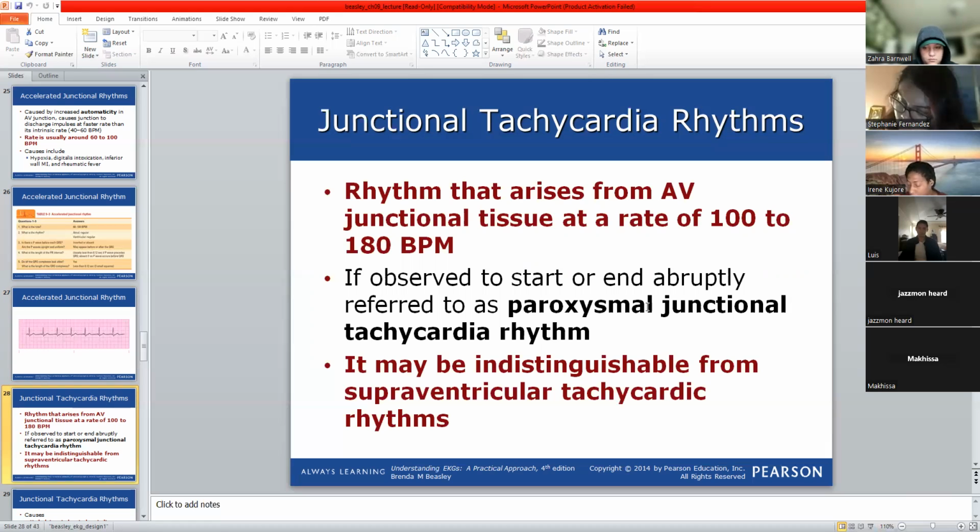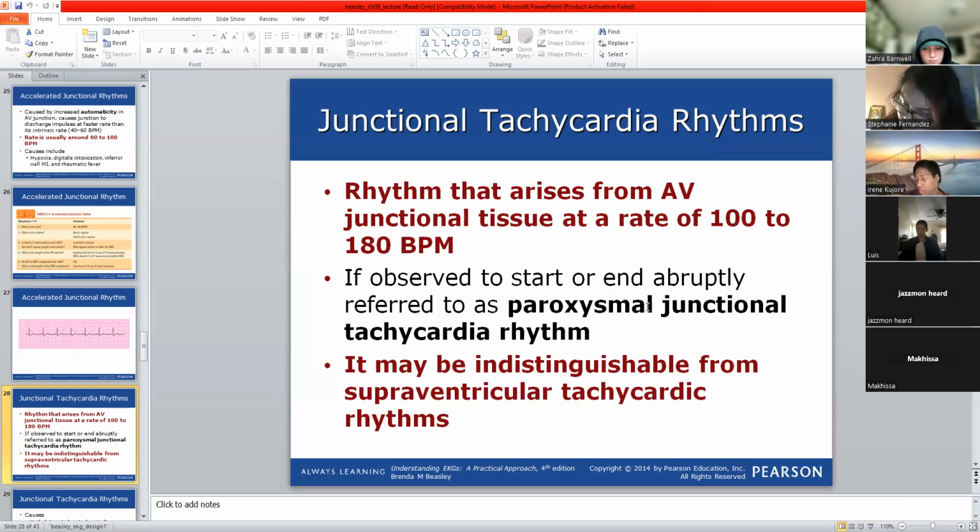What do you mean by paroxysmal, Irene? It means not constant. So paroxysmal is the alternative to the word persistent, or all the time. Paroxysmal means comes and goes.